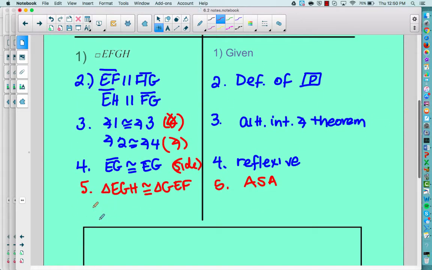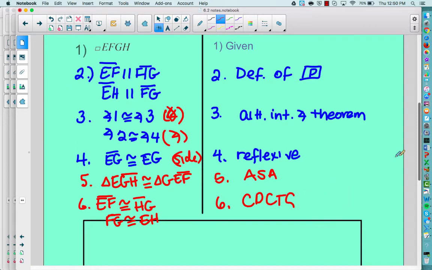Does that give me the corresponding parts congruent? Is EF congruent to HG? It sure is. So segment EF is congruent to segment HG, and segment FG is congruent to segment EH because of CPCTC.